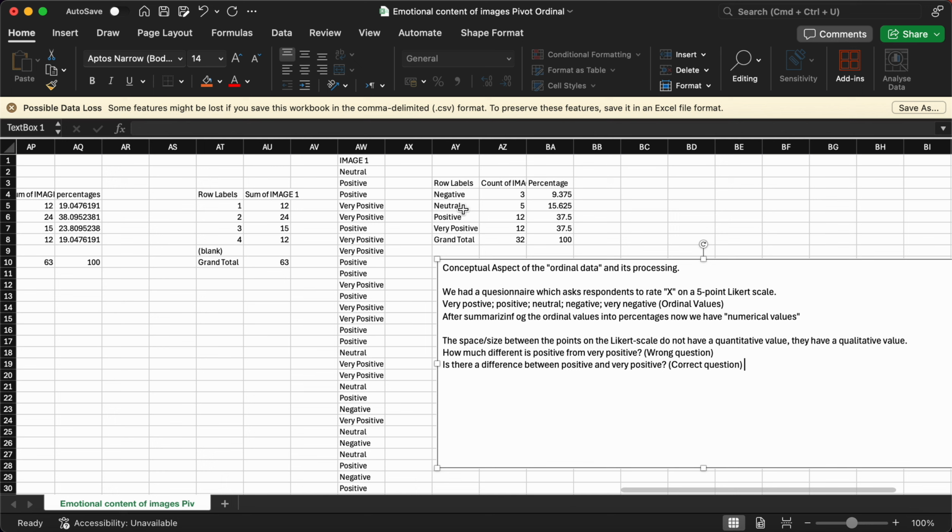You can say there is a difference, because this summary shows that. But how much, you cannot answer, because how much is a quantitative question. But is there is a true or false question. Is there? Yes, there is.